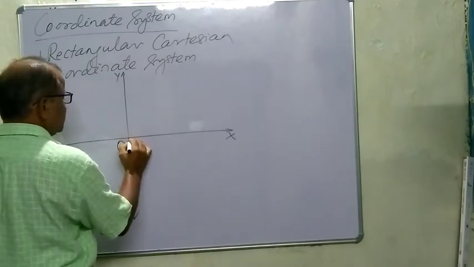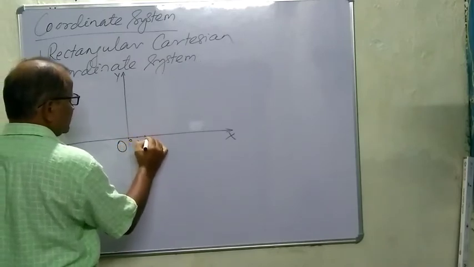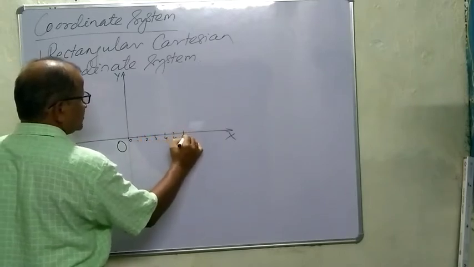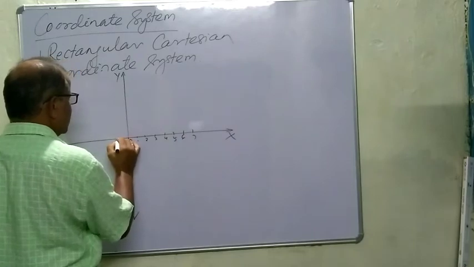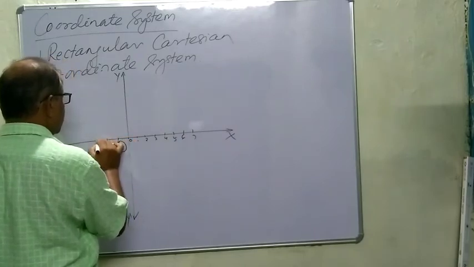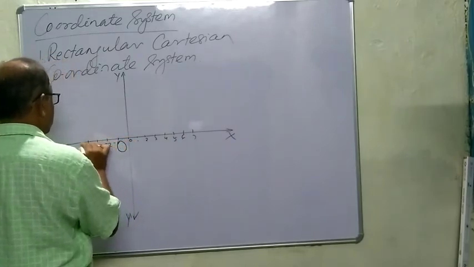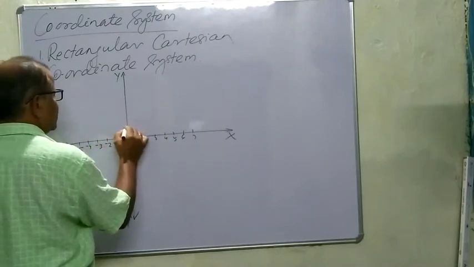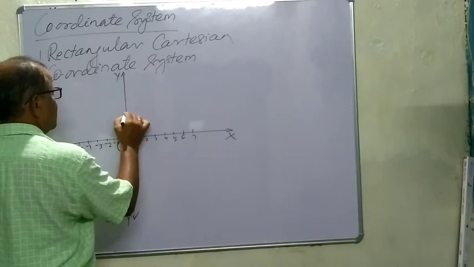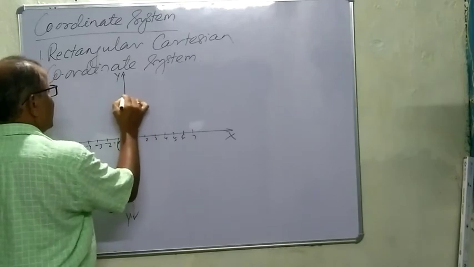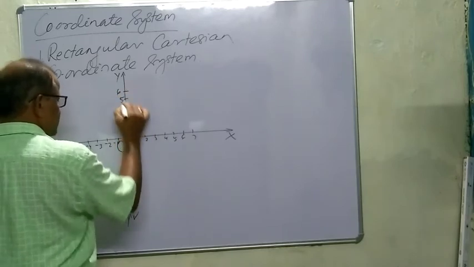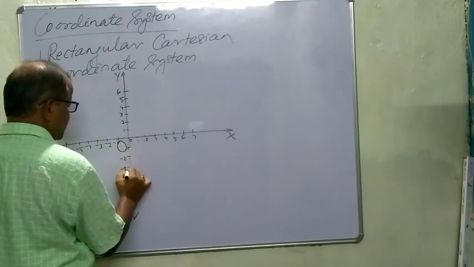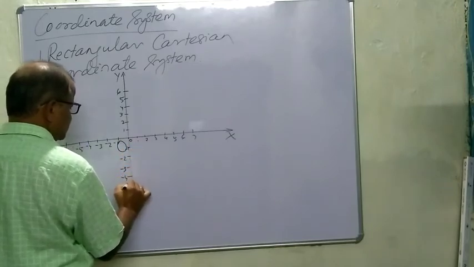This is 0, 1 at equal intervals, 2, 3, 4, 5, 6, 7 like this, minus 1, minus 2, minus 3, minus 4, minus 5, minus 6, then here 1, 2, 3, 4, 5, 6, and minus 1, minus 2, minus 3, minus 4, minus 5.